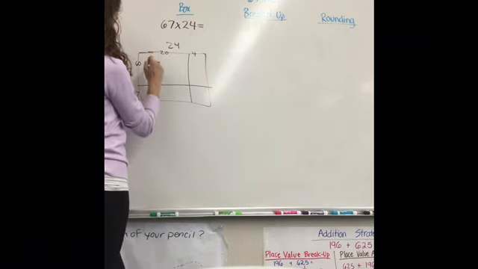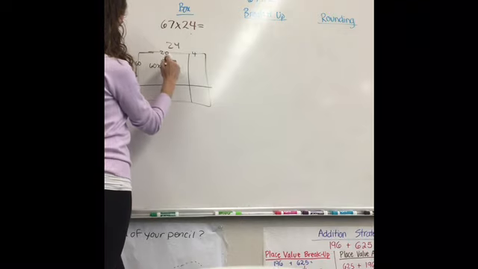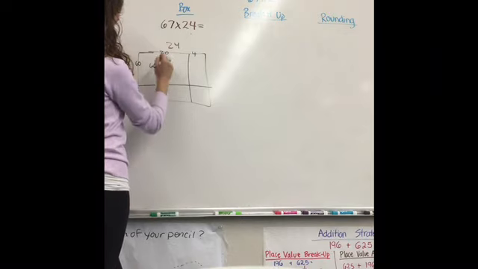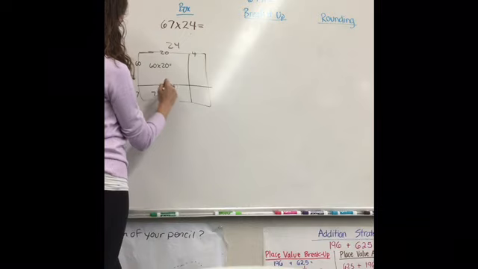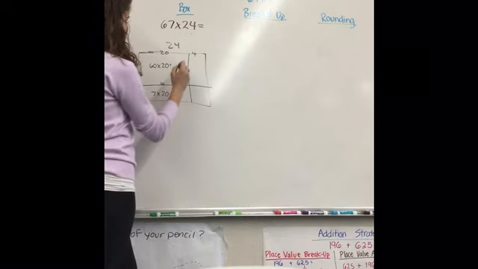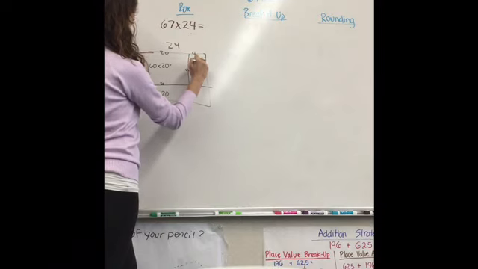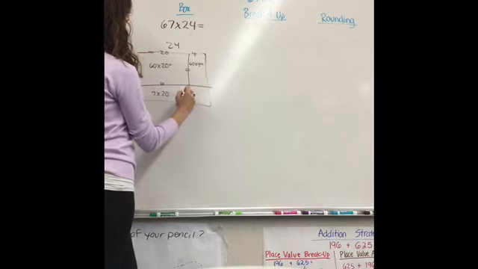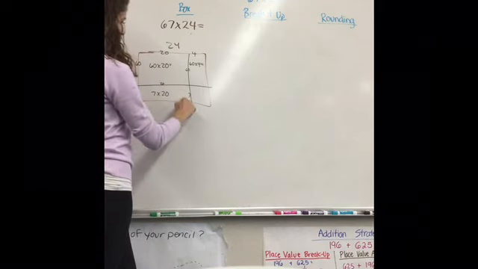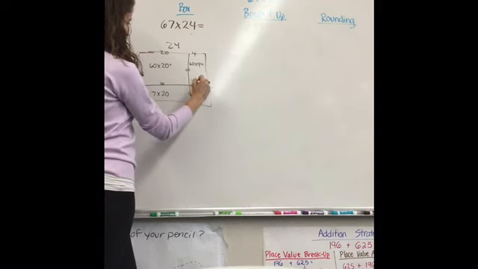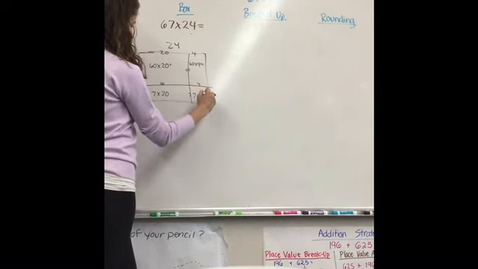So 60 times 20, 7 times 20, because it'll be 20 right there. 60 times 4, and over here, this 7 right here, then it's 7 here, 4 there. 7 times 4.